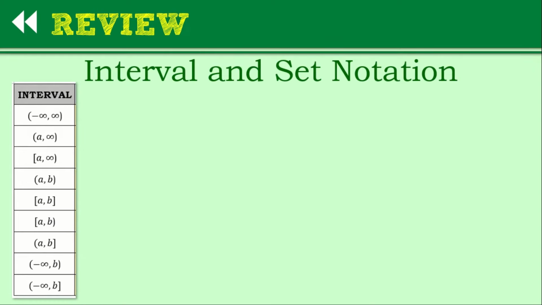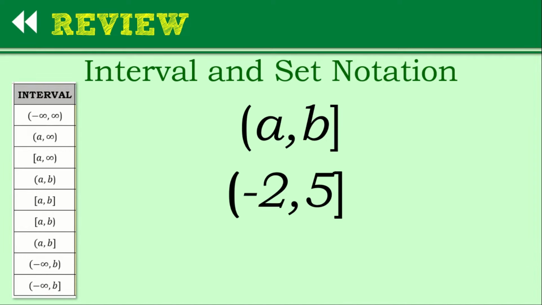Let's look at this example: (a, b] with the symbols round bracket, which is your open parenthesis, and also your square bracket. A and B here are real numbers, like this: (-2, 5]. So our answers at the end of this session are also written in this form.